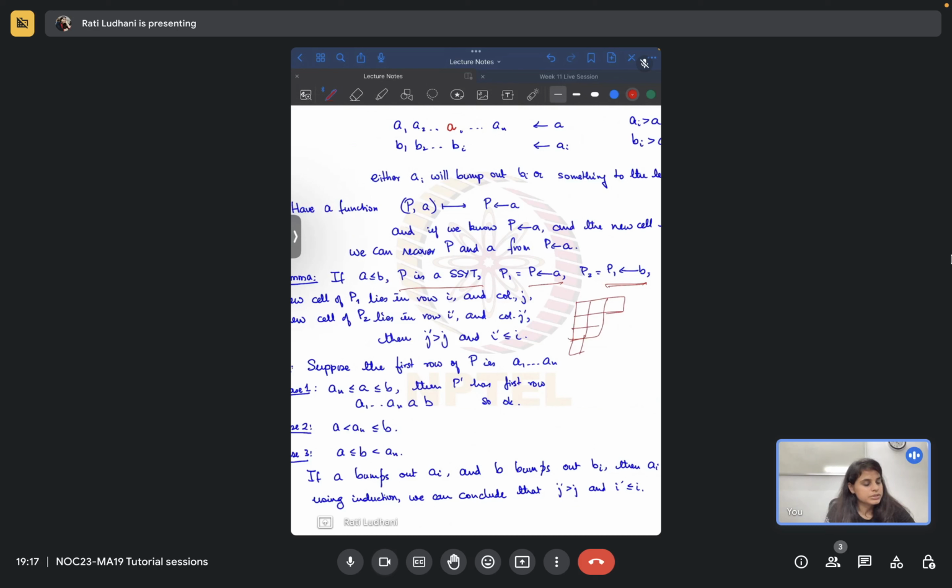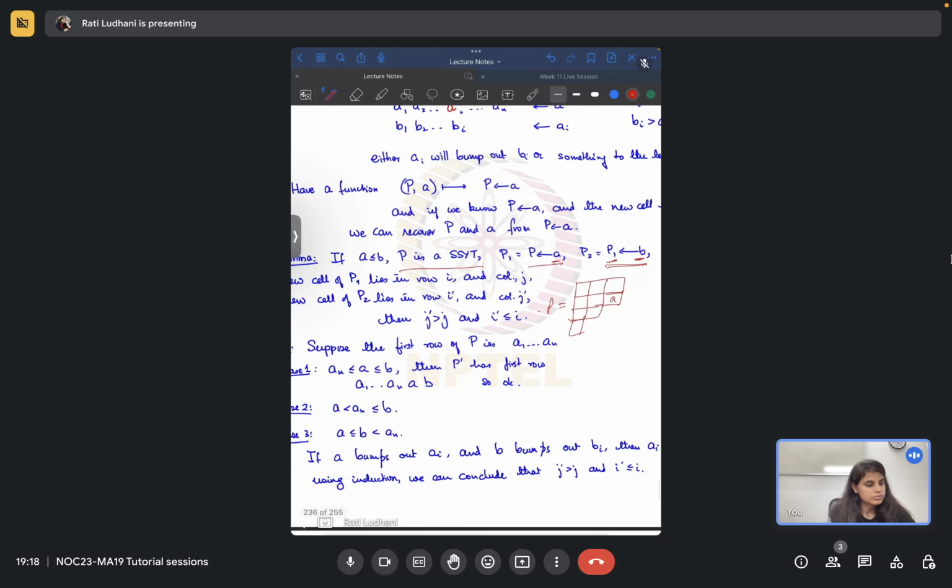Anything you consider is, for example, P, and A has been inserted and B has been inserted to P1. Let's say this is your A. I'm not saying this is the exact position, I just considered anything. And for example, this is your B. After A, P has been inserted.